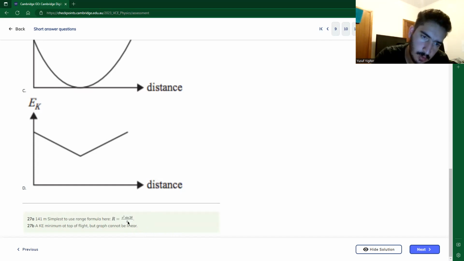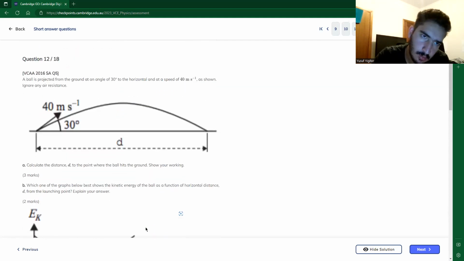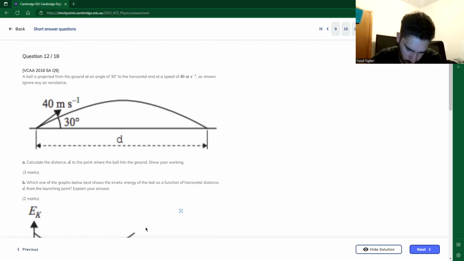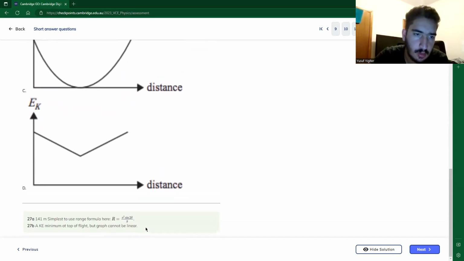What kind of formula is this? Even 41? This formula is derived from somewhere.